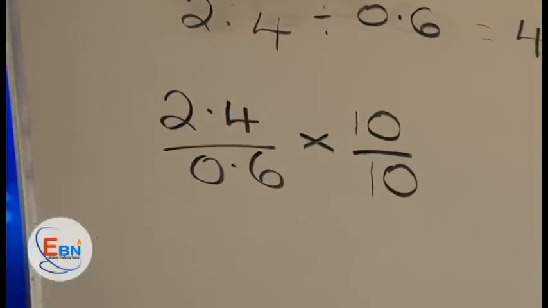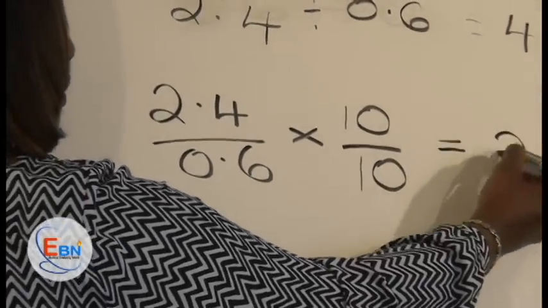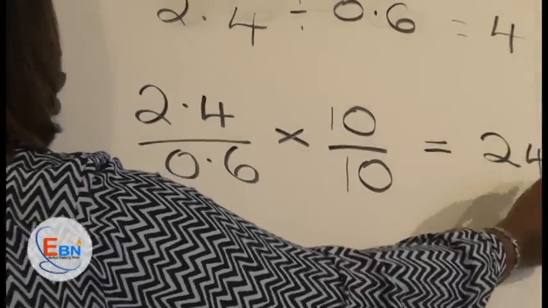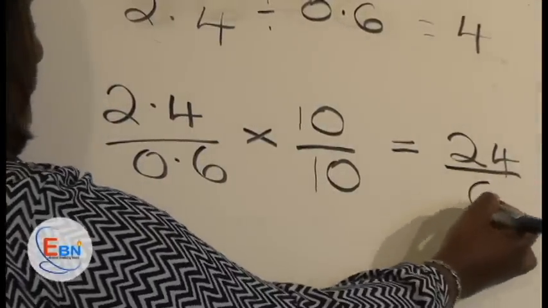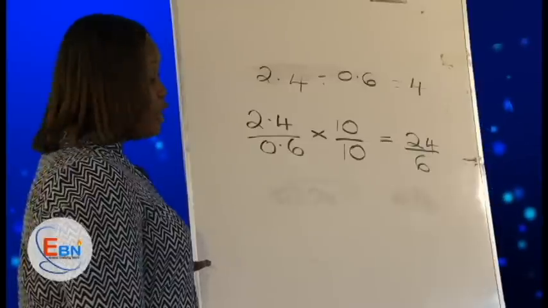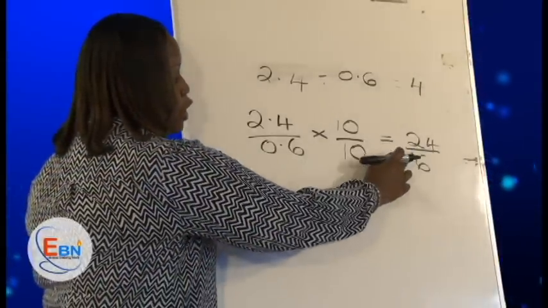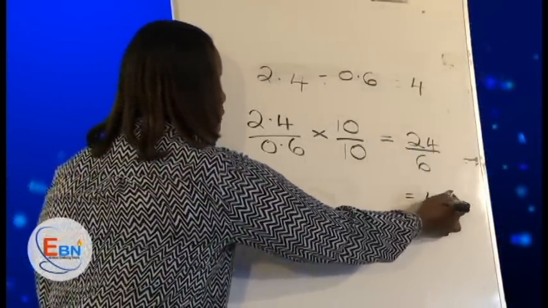This will result in 24 divided by 6. Therefore, 24 divided by 6 equals 4.